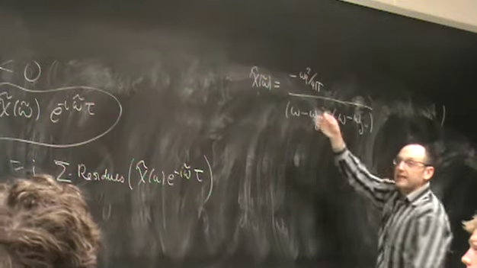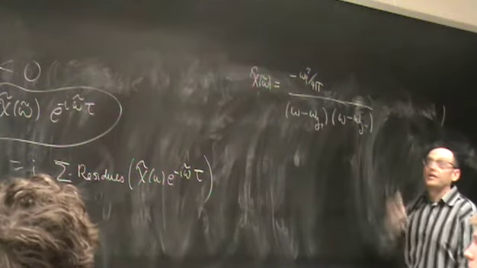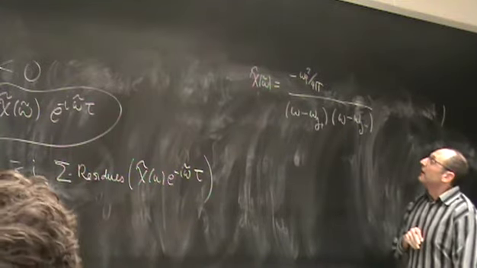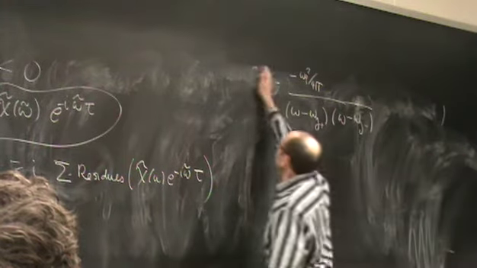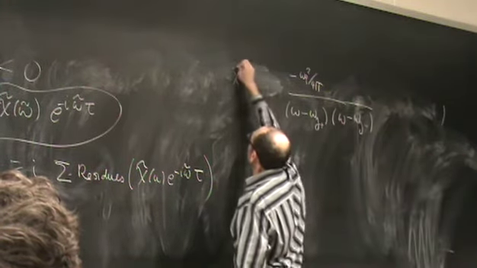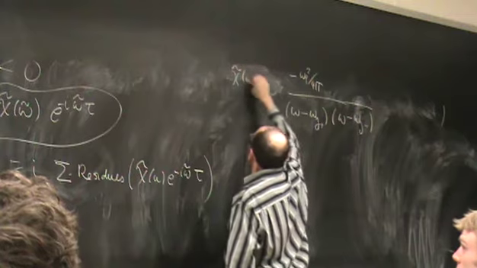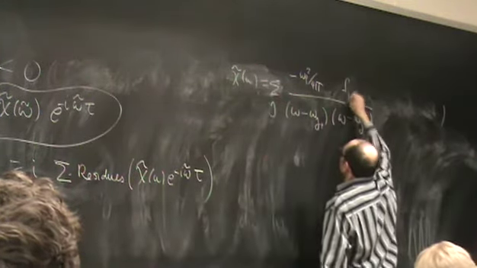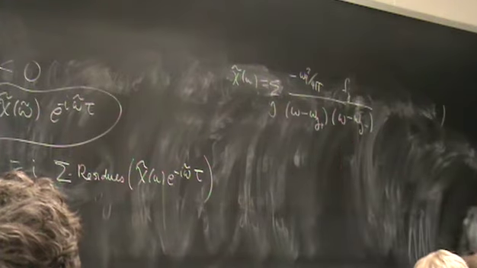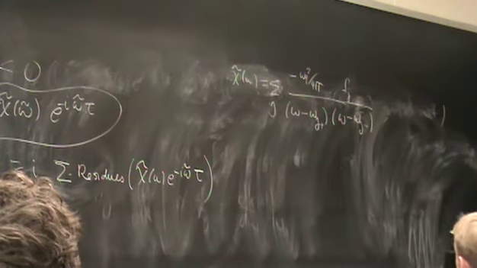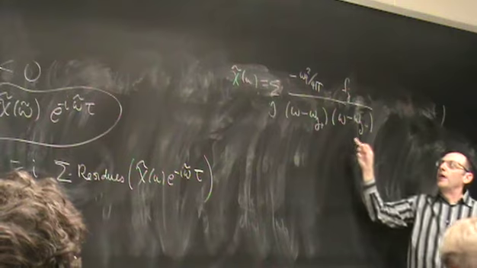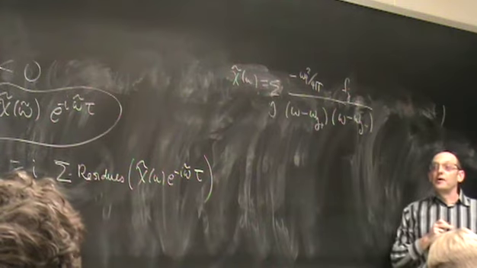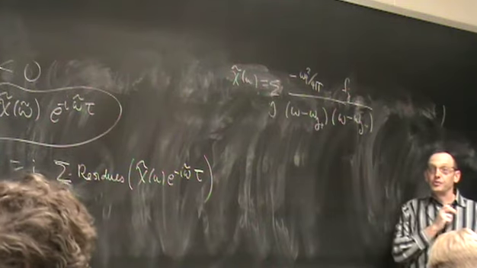It's omega squared, right? These are the roots. And then I have to sum over all of the poles. I just wrote the denominator out, factoring that quadratic in terms of its roots.